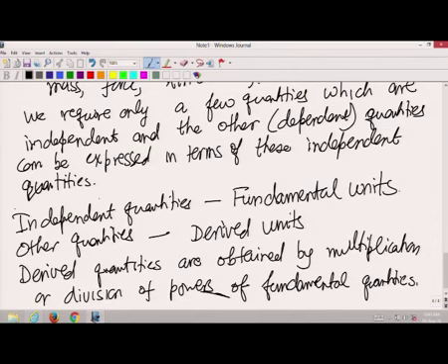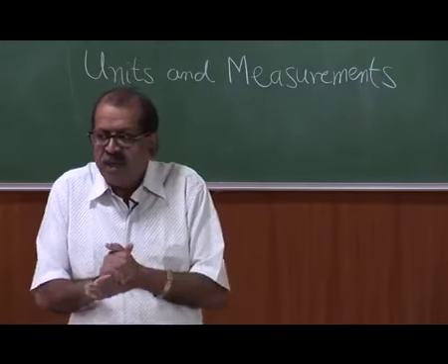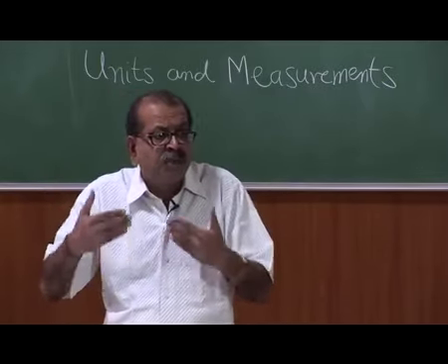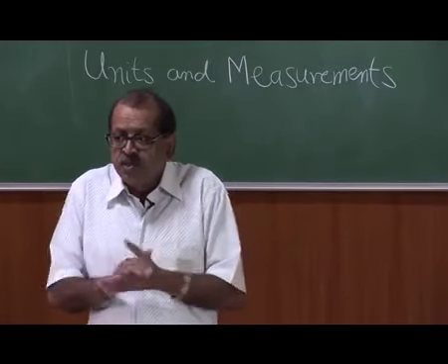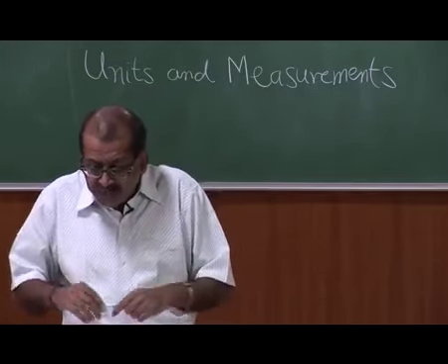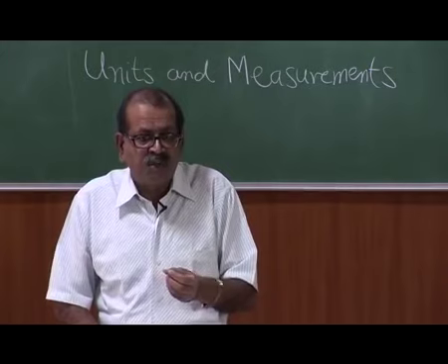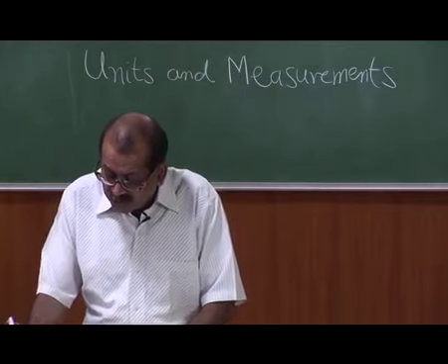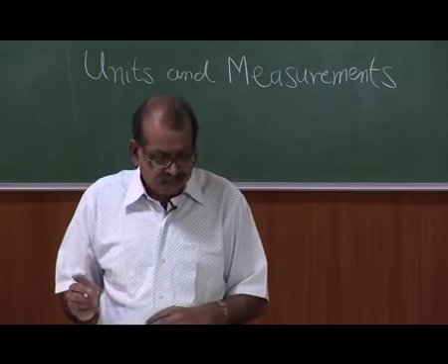What I mean by this is, for example, when I look at area, area will be the square of length. So, area need not be taken as a separate quantity; area would be a derived quantity based on the fundamental quantity of length. Similarly, speed is length per unit time, distance covered per unit time. So, it will be a derived quantity if length and time are my fundamental quantities. So, we choose some fundamental quantities, and other quantities which can be expressed in terms of fundamental quantities are called derived quantities.